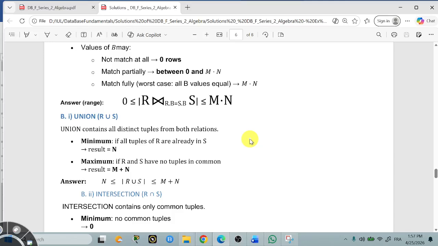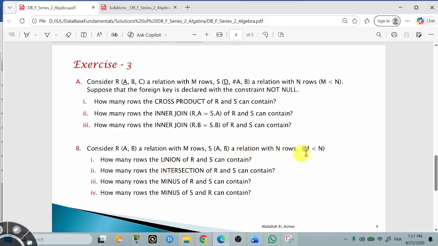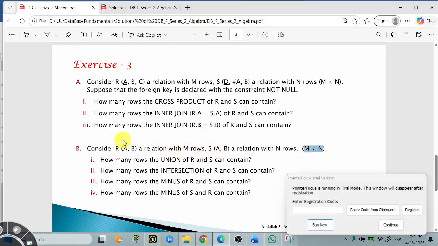You should always think about the minimum number and the maximum number. The minimum number is when you assume R is a subset of S, because R has fewer rows, which is m, and m is less than n.